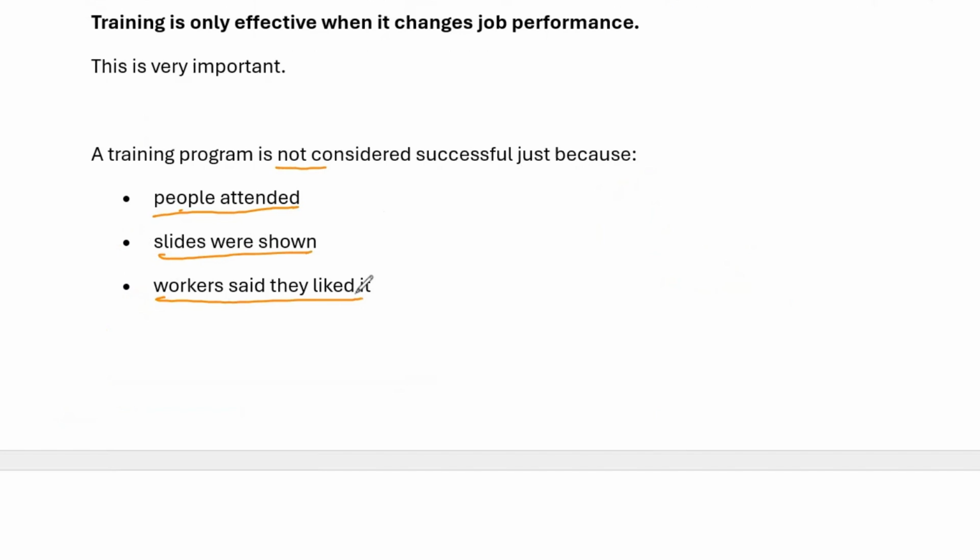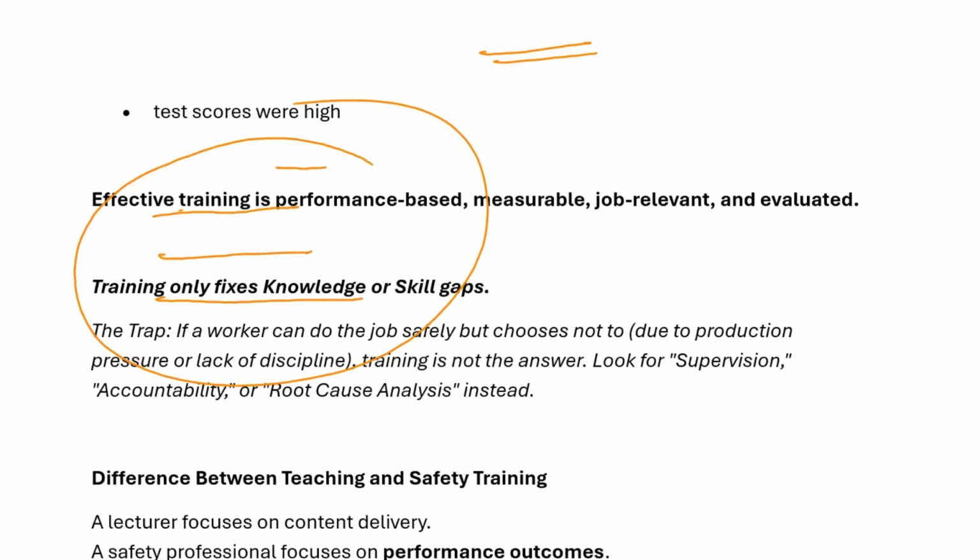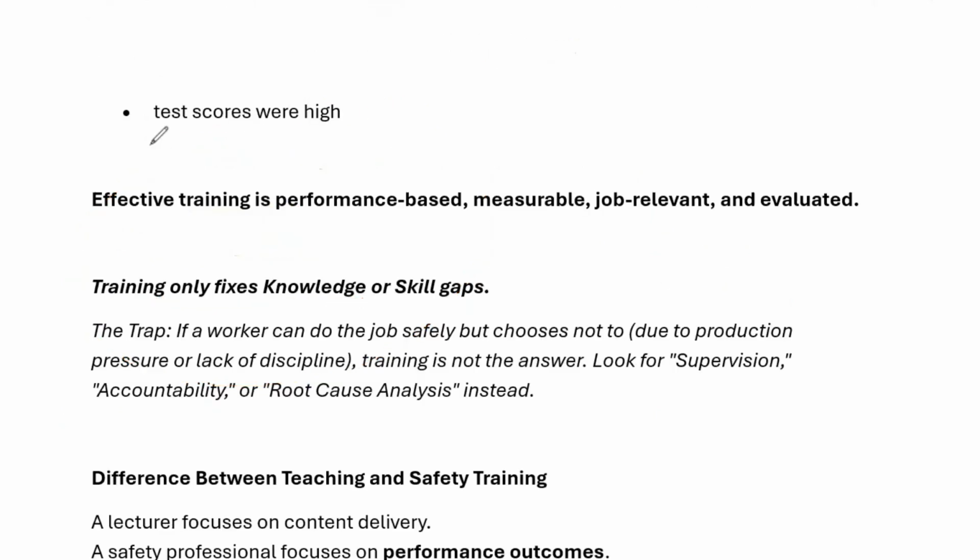Training should bring some kind of positive changes to the job that is performed. Only if people are attending, slides were shown, or workers said yes, they liked it, it is not a proper evaluation of the training, or the training was not effective. See, this is also important, even if the training scores were high, they got good result, they got good marks, training is not effective.